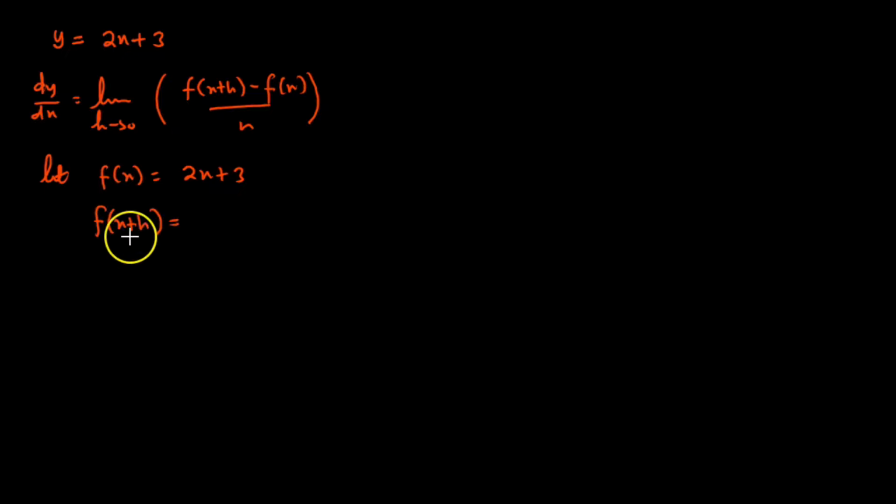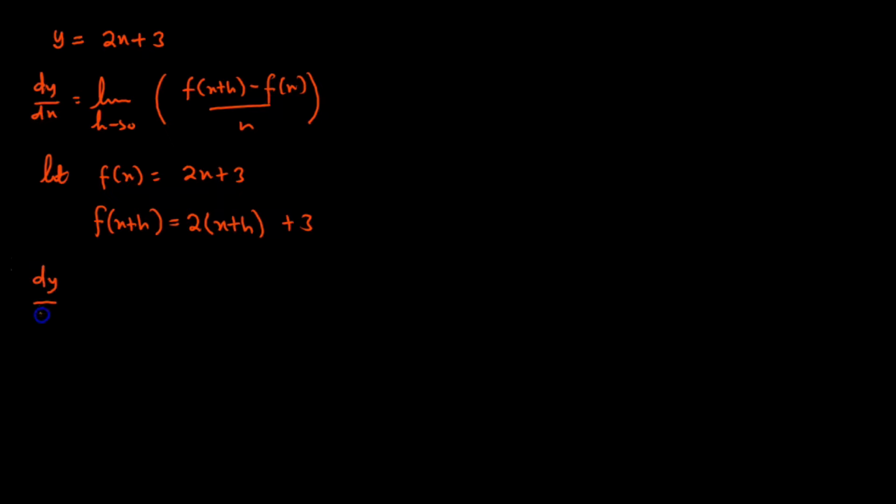So when you have a function with an increment, our original function now becomes 2 into bracket x plus h, then plus 3. Wherever we see x, we substitute the value of x plus h there so that it completes the other function.